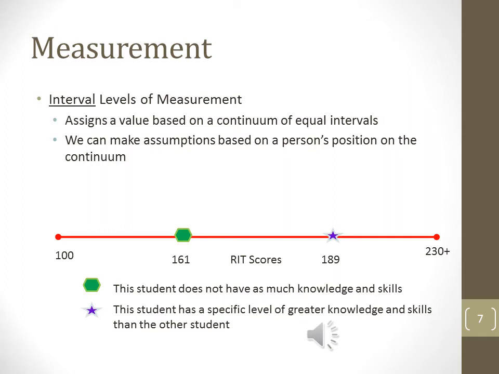Another example would be on a MAP score. Every student, when they take the MAP test, gets a RIT value, and we know then that we can compare students based on this interval measure, that the student that is marked with the green hexagon does not have as much skill and knowledge at a RIT score of 161 than the student that's marked by the star has at a RIT level of 189.